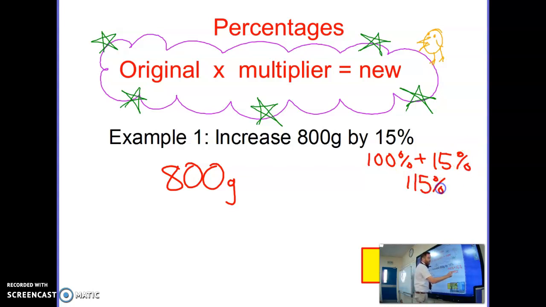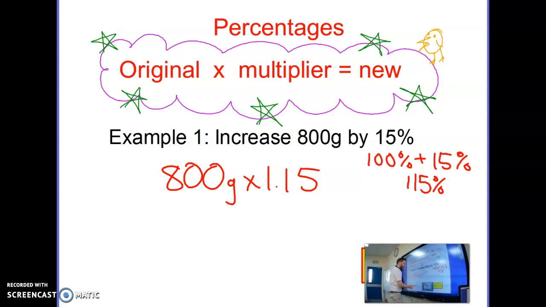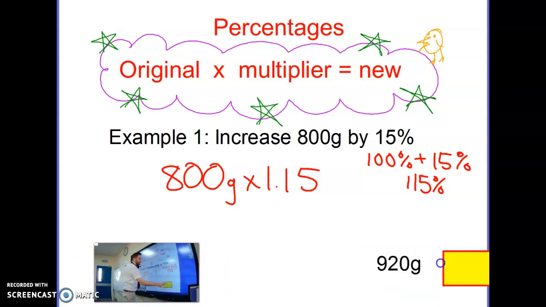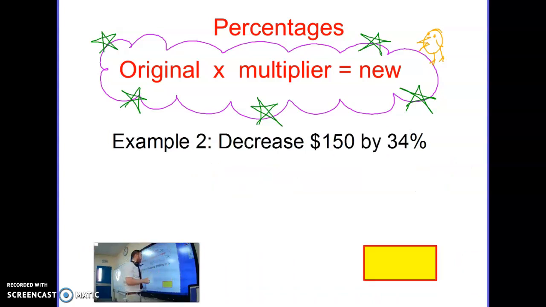And as a decimal, divide by 100, that is 1.15. That is the calculation I'm going to do to increase by 15%, and I think that gives me 920 grams.